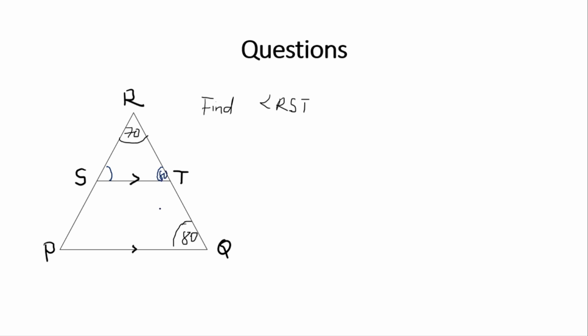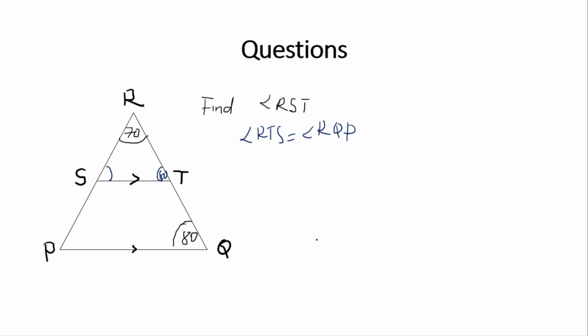So we just state angle RTS, this angle formed here, is equal to angle RQP, the angle formed here. You can also say angle TQP, but I used the entire line, angle RQP.